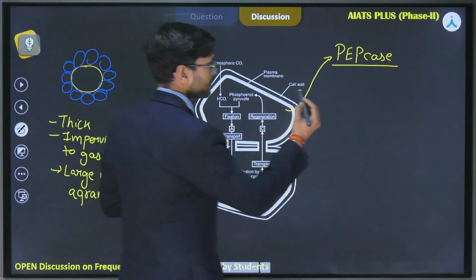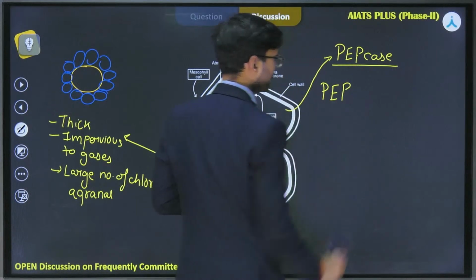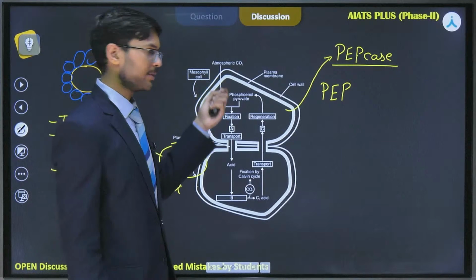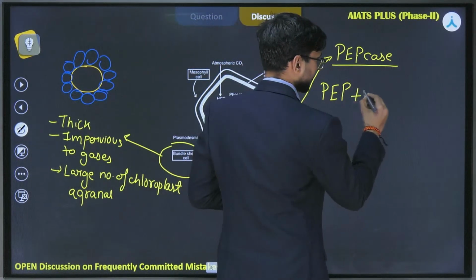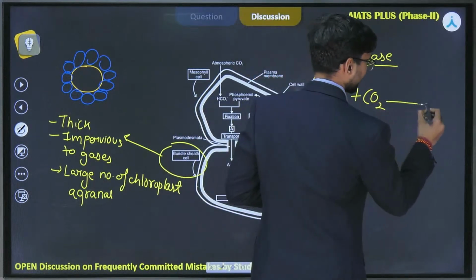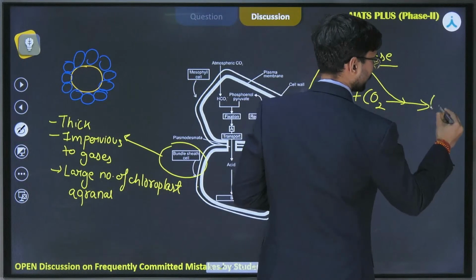Now the function of PEPcase is to fix the primary carbon dioxide that is coming from the atmosphere. PEPcase will act on phosphoenolpyruvate, which is the primary acceptor of the atmospheric carbon, so this carbon dioxide from the atmosphere will be converted in presence of PEPcase to form a 4 carbon molecule.